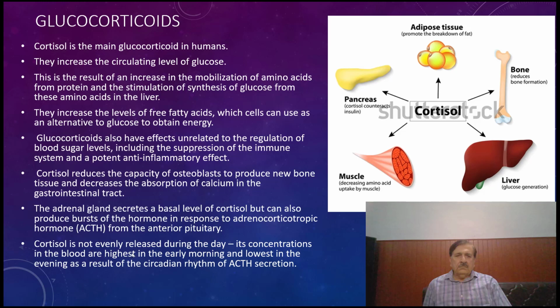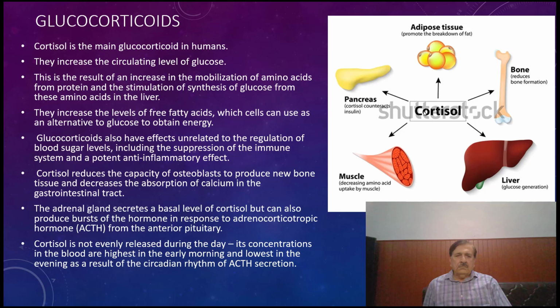Cortisol is not evenly released during the day. Its concentration in the blood is highest in the early morning and lowest in the evening as a result of the circadian rhythm of ACTH secretion.